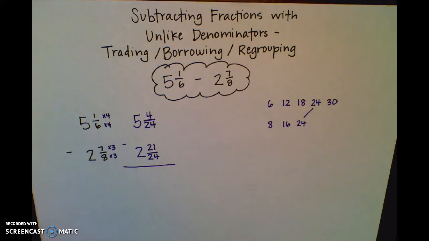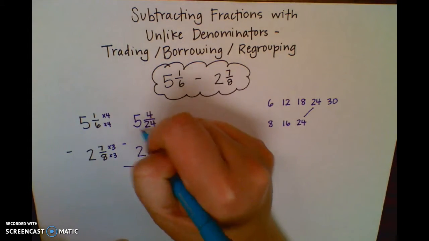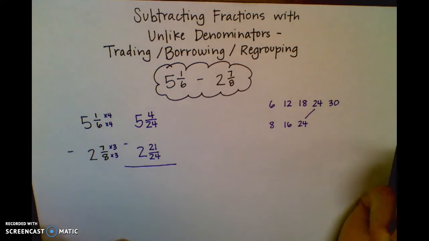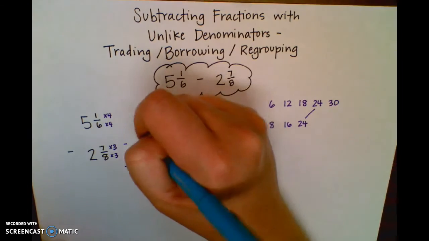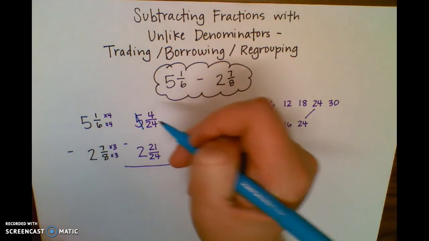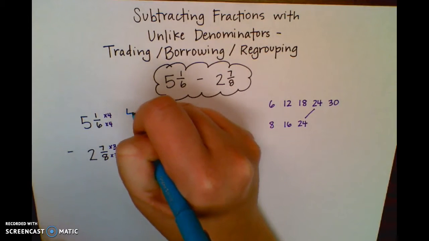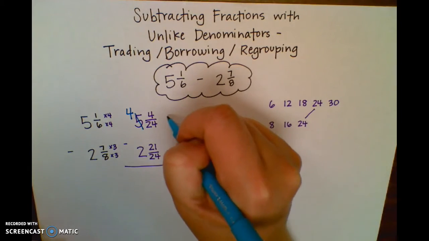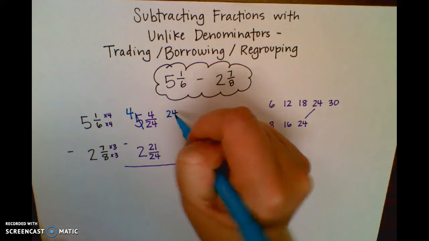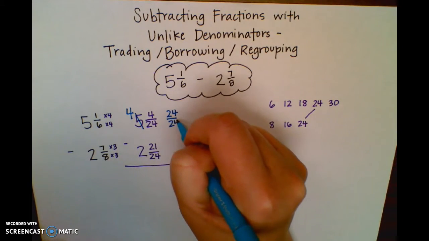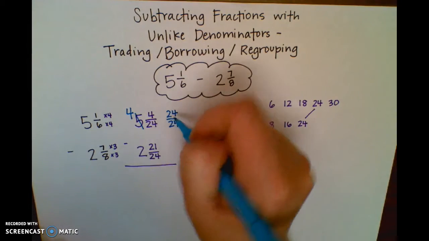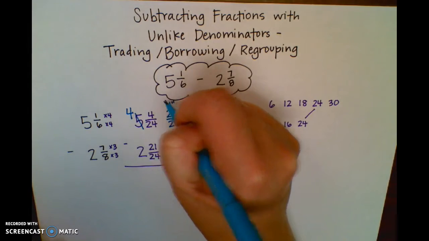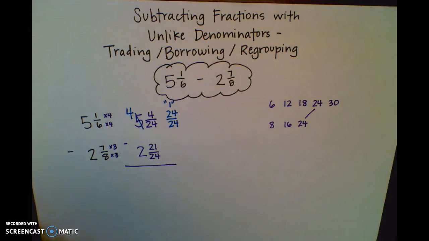So in order to do that, I know that this is all one number and one value. So what I'm going to do is take a little bit from my whole number. I'm going to trade out a whole, or I'm going to take one of the wholes away, and I'm going to write it. It's still worth 1, but it just looks like a fraction now.